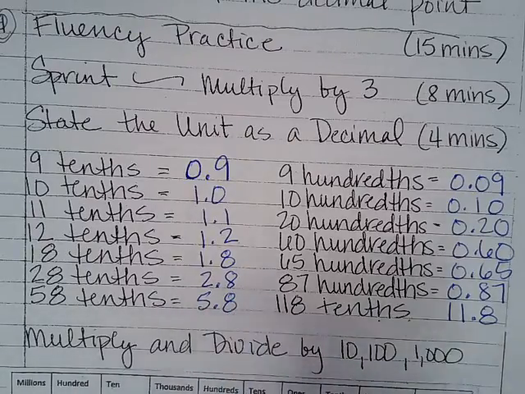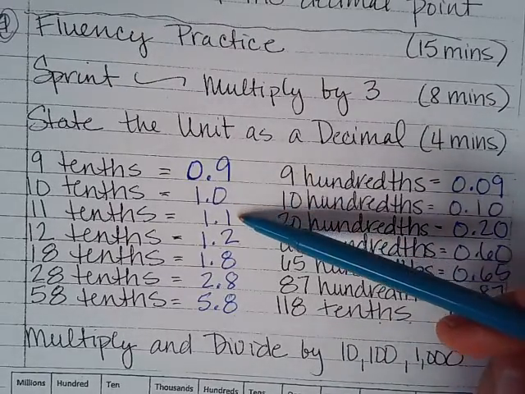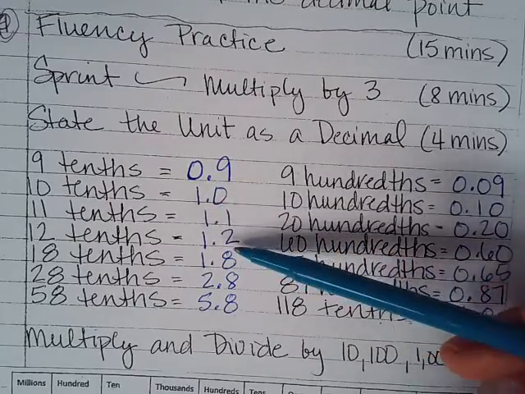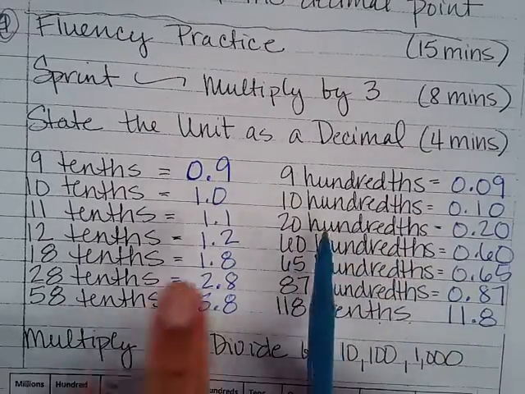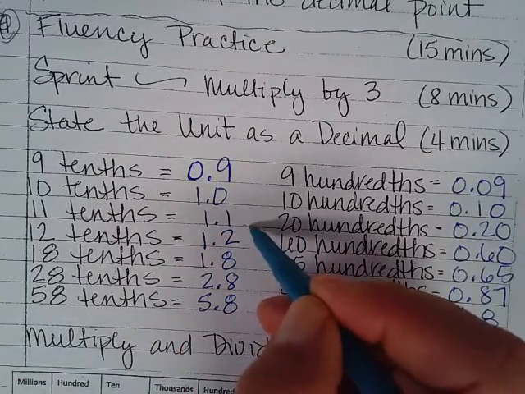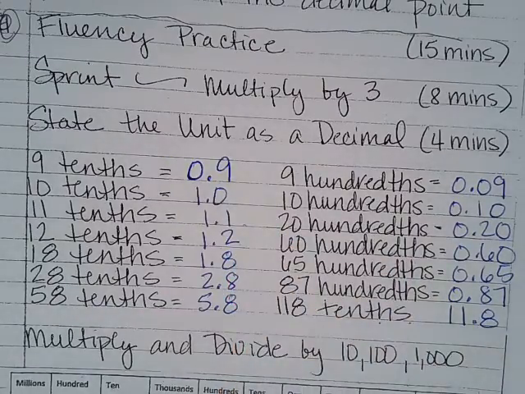Show me with your fingers how you did it, up or down. Did you remember that these kick over? You can't have 11 tenths over here because once you have a number in the hundred spots, it becomes hundredths. Okay, show me with your fingers one more time.